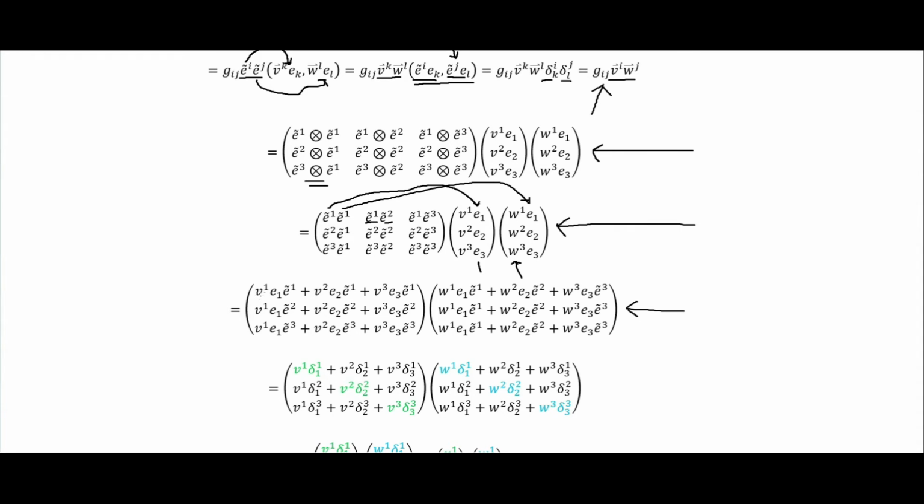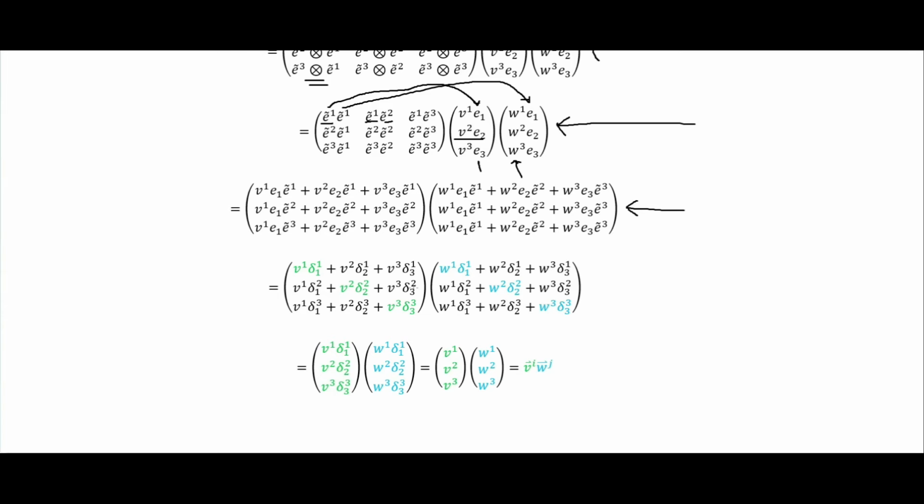So we now have the v1 e1 tilde plus our v2 with e2 times the e1 tilde, because this e1 keeps going to this first vector, plus the v3 times e3 e1 tilde, and so on and so forth. And so these, where it's equal, will end up becoming 1, and then where they are not equal here, they will end up becoming 0.